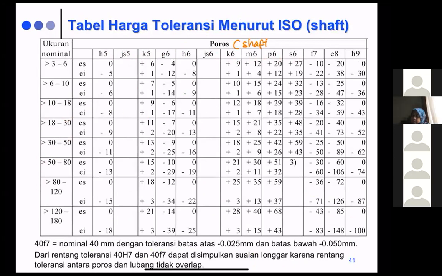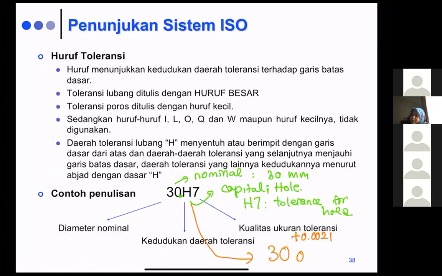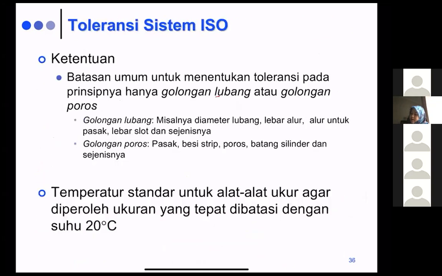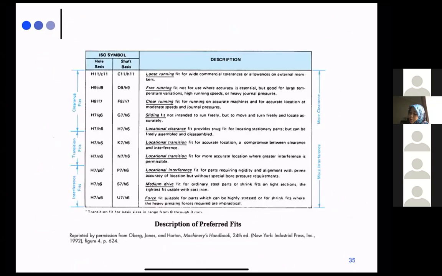So for example, back to here again, let's say you want a transition fit, and it should be a locational transition. That means you have to have the fit, for example, H7 and then k6.